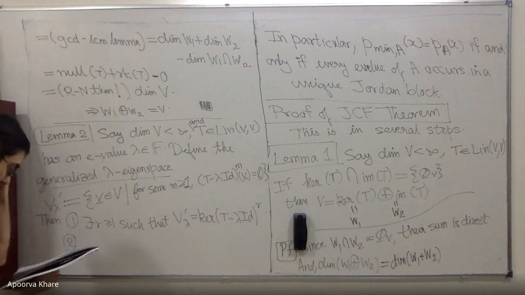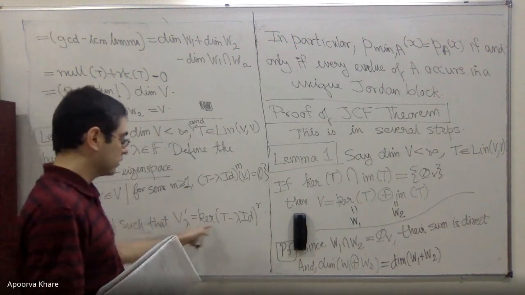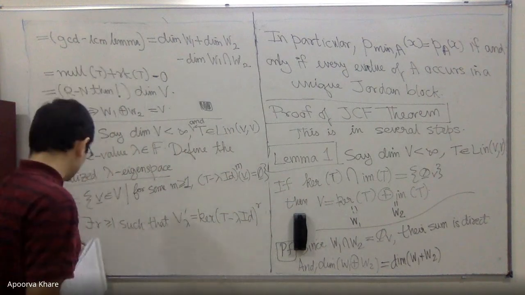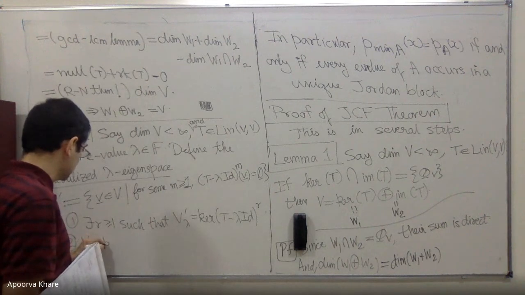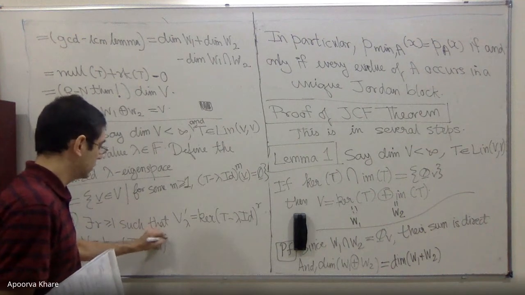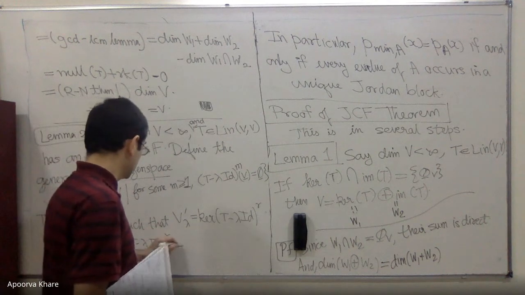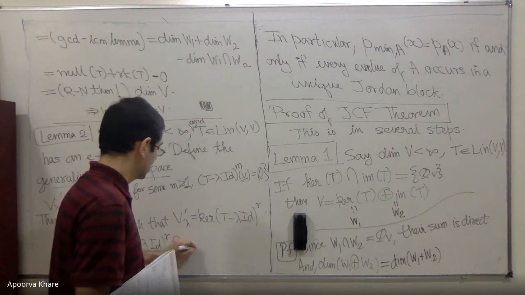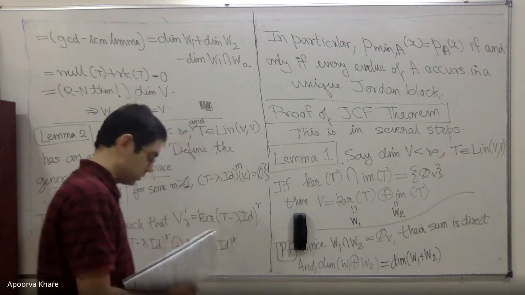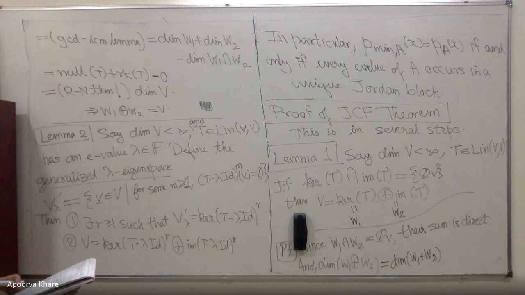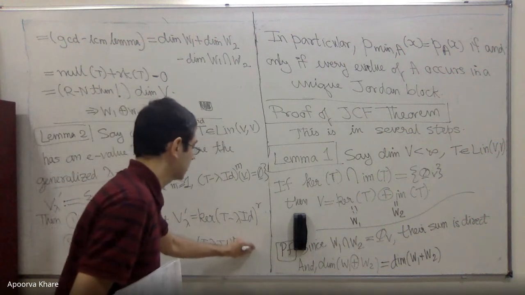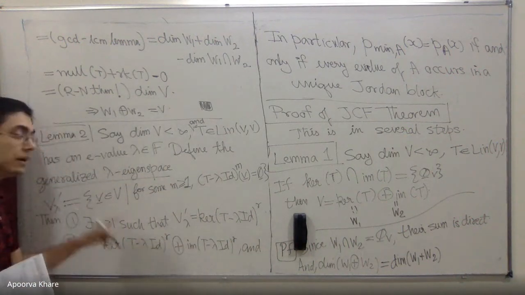The second statement is V is actually equal to the kernel of this plus the image of this, in that sense. So clearly we are going to use lemma 1. This is just V prime lambda direct sum the image. And third, both these spaces are T stable.